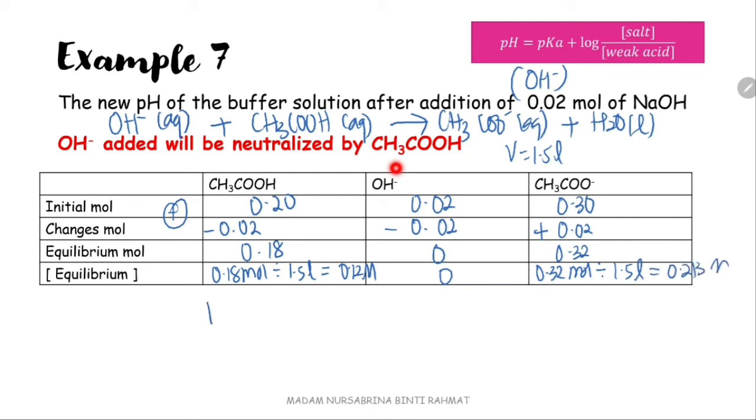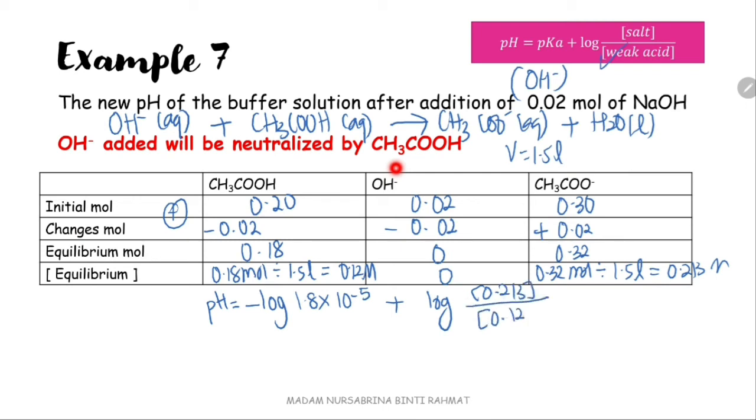Okay, now you can substitute into your Henderson-Hasselbalch equation. So pH equals pKa plus log concentration of salt over weak acid, and pKa is simply negative log of the Ka value, which for ethanoic acid is 1.8 times 10 to the power of negative 5, plus log of the salt concentration, which is our conjugate base, 0.213 molar, over the concentration of our weak acid.